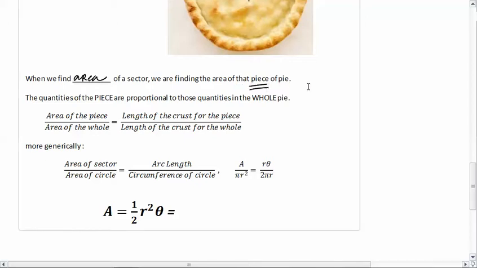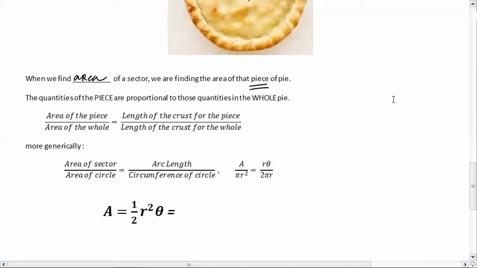The quantities of the piece are proportional to the quantities of the whole. The area of a piece of pie, or an area of a sector, divided by the area of the whole is going to be proportional to the length of that crust for that piece, the arc length, divided by the length of the crust for the whole pie.